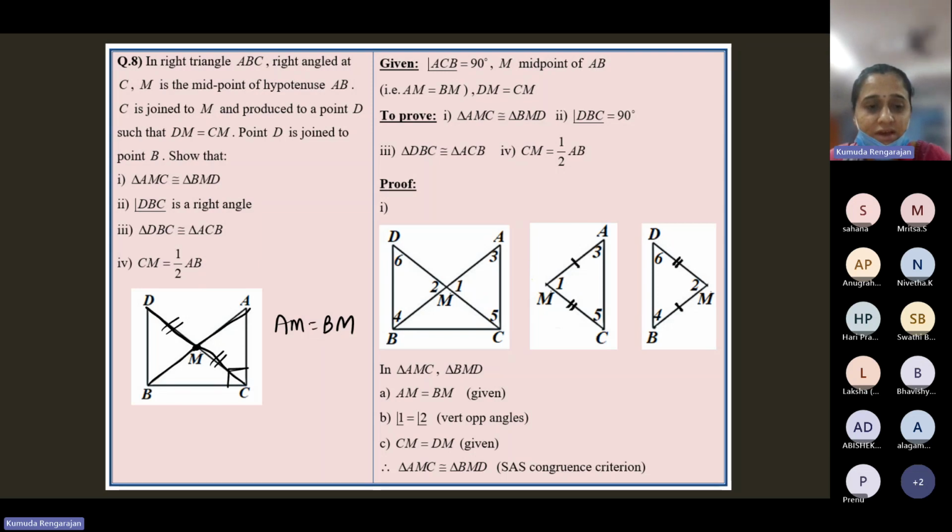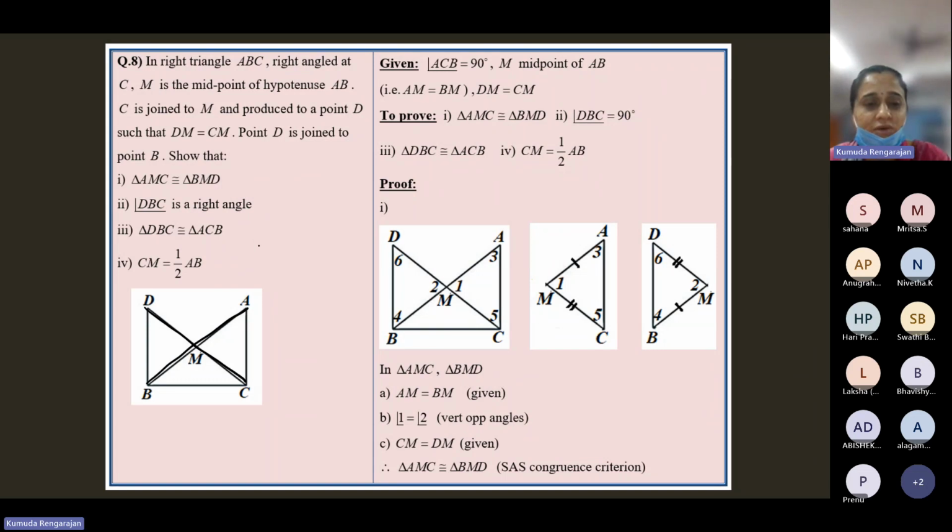So we have two things here. AM is equal to BM. It's given that M is the midpoint of AB, which means AM is equal to BM. It's also directly given that DM is equal to CM, which means M is the midpoint of both AB and CD.